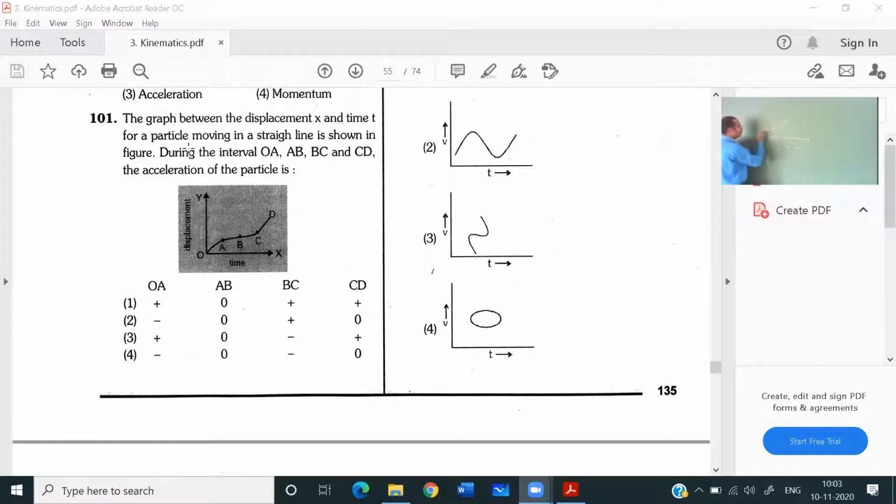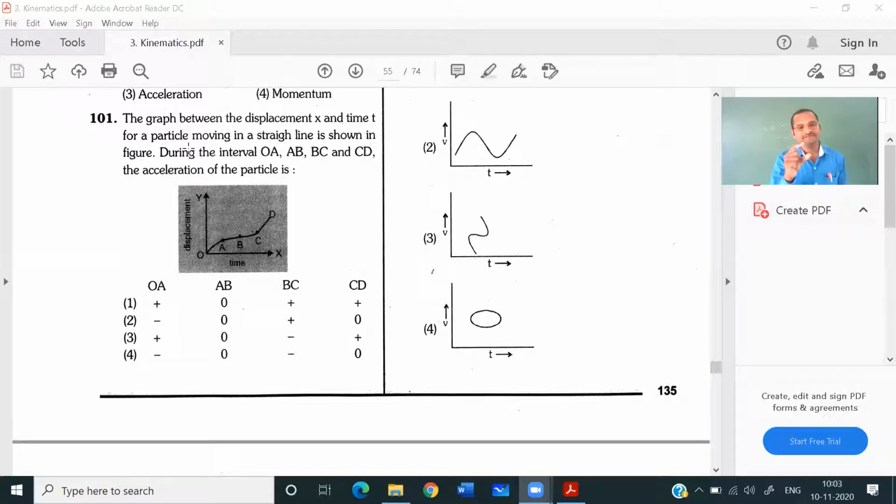O, A, B, C and D. So this is what is given. Now what do we want? We want acceleration from this graph.